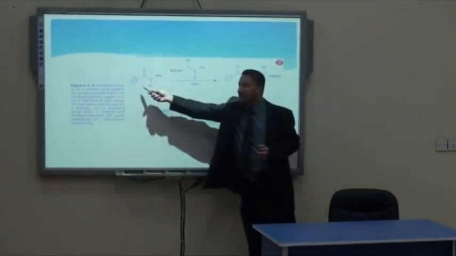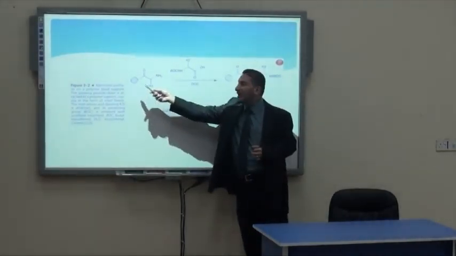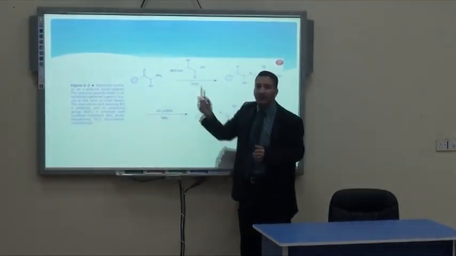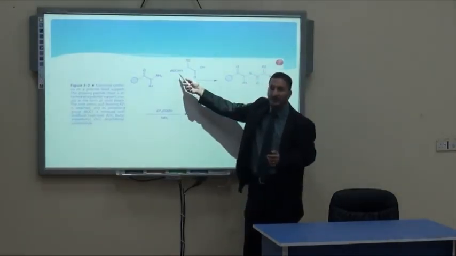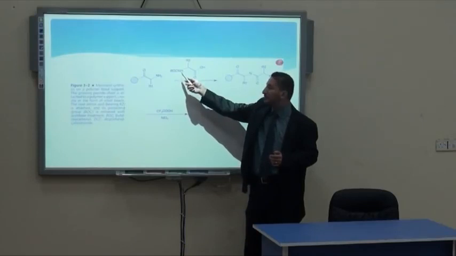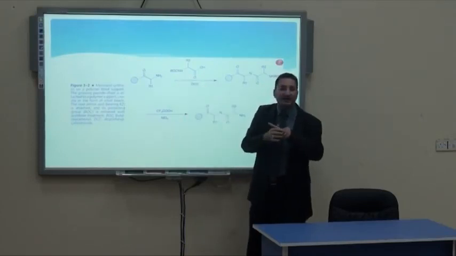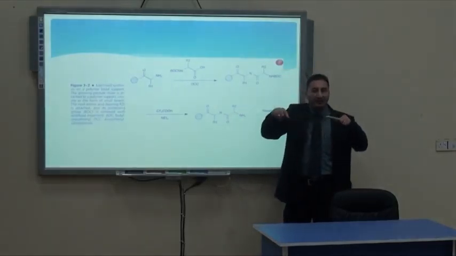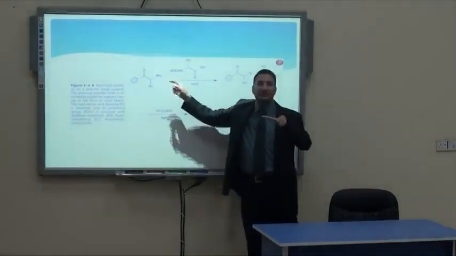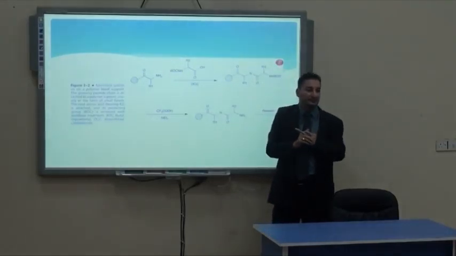Since the carboxyl is protected, we need the amino acid protected at the amine, using butyl oxycarbonyl as the amino protecting group. So in this case, we elongate the peptide from the amino terminal site only.